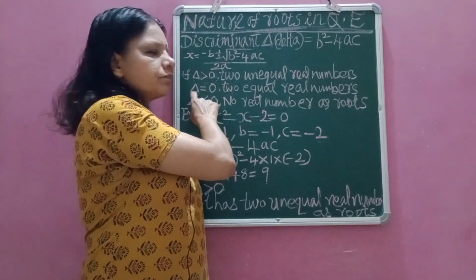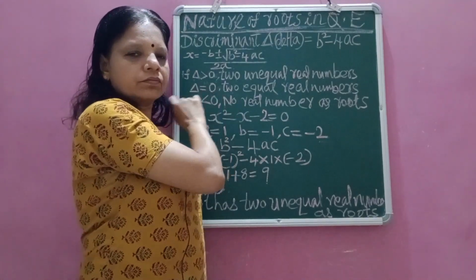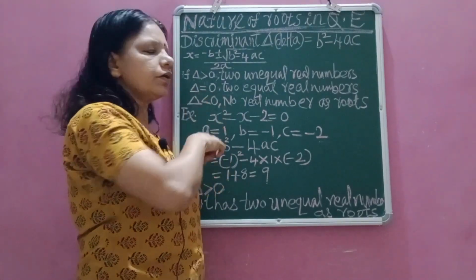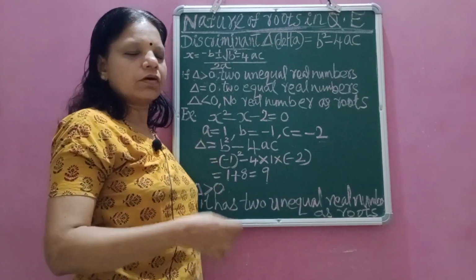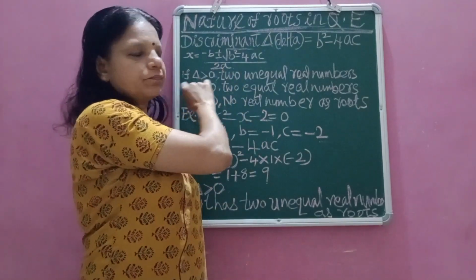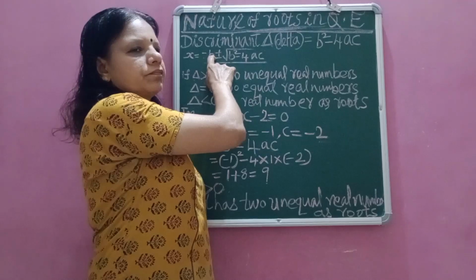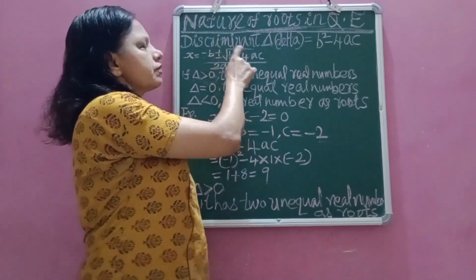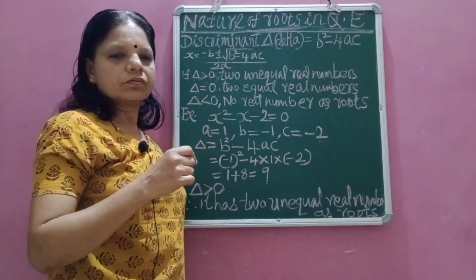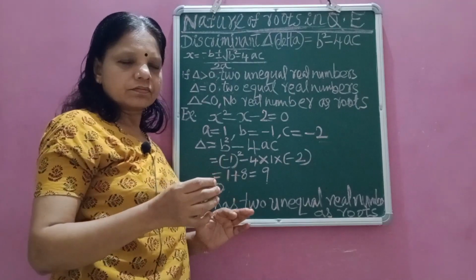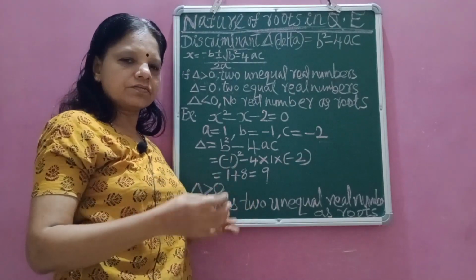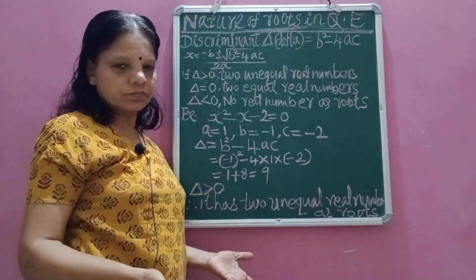Next, when delta is 0, the value of b square minus 4ac is 0. What will happen in the formula? See here. Minus b plus or minus 0. On plus 0 and on minus 0, same value.